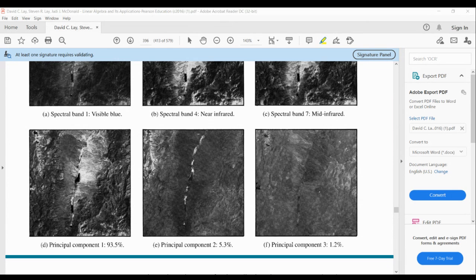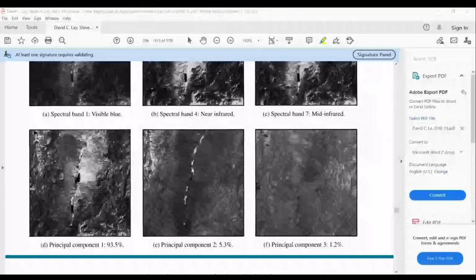Again, this is something that some of you will learn later on. By understanding the eigenvalues and eigenvectors of a matrix, and a matrix could be a set of values stored, like an image. They actually talk about this in section 7.5. We just didn't have time to get to it. But if you look at example 4, they show you how the eigenvalues and eigenvectors are used to create these different components.